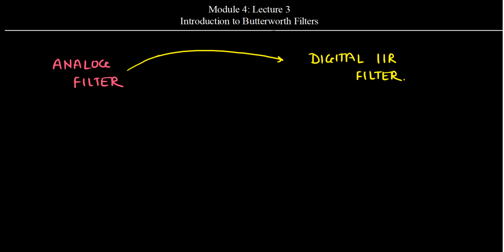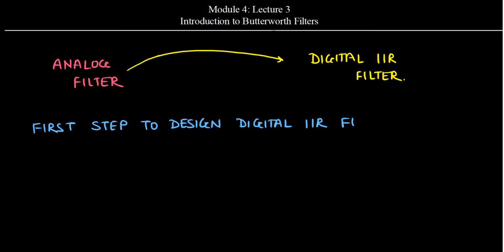So what we can say is the first step to design a digital IIR filter is designing its equivalent analog filter.